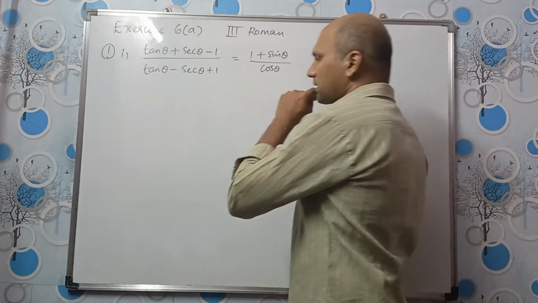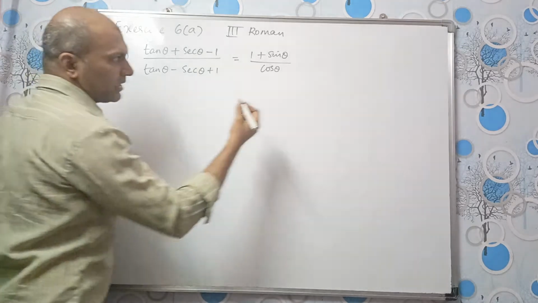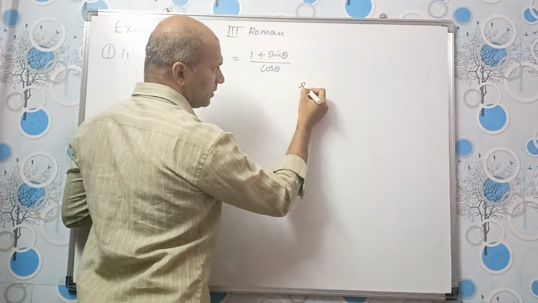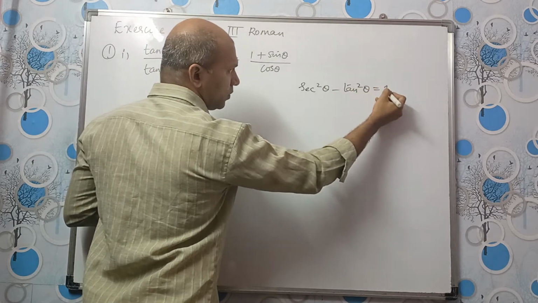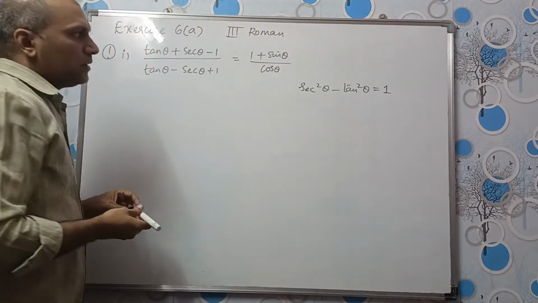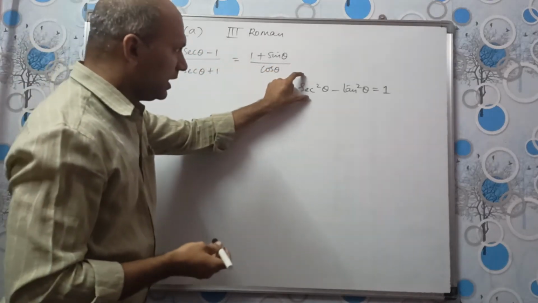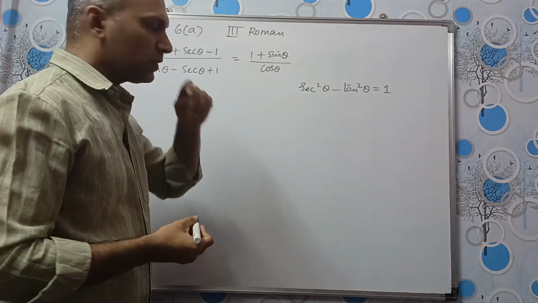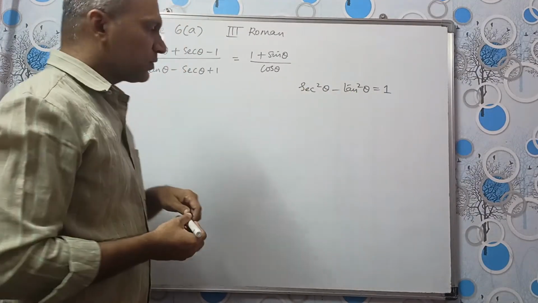Alright, see, we should use this identity. Secant square theta minus tan square theta is equal to 1, right? Secant square theta minus tan square theta is equal to 1. Okay, now in place of this 1, let us write secant square minus tan square, because 1 is equal to secant square minus tan square, isn't it?